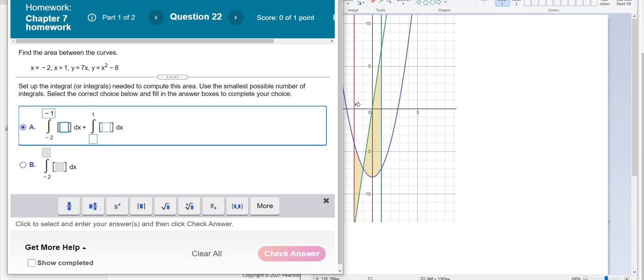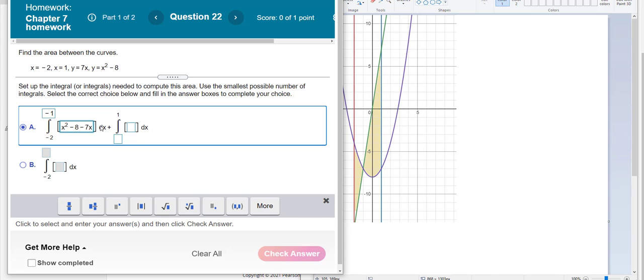And you always do the top function, in this case the purple one's on top. We take our top function, x squared minus 8, and we subtract from that the bottom function, which is the line, which is 7x. Now, if that bottom function had more than one term, I would have to remember to subtract them all. But it's important that you remember it's top function minus bottom function.